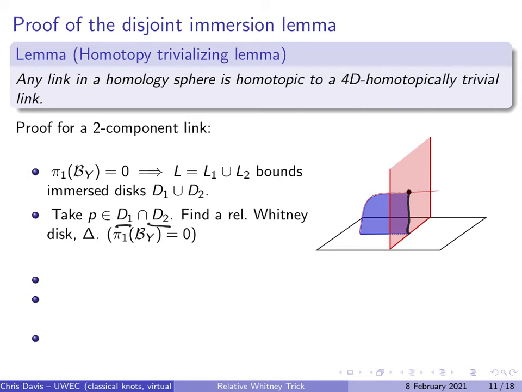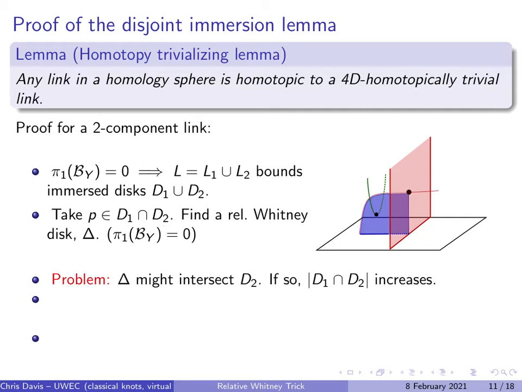D2, also a disk, so you can find an arc from that point to a point in the boundary of D2. Find any curve in the boundary of Y connecting those 2 points. Oh, and then, hey, the fundamental group of math cal B is 0, so that black circle that I just drew bounds an immersed disk. It's null homotopic.